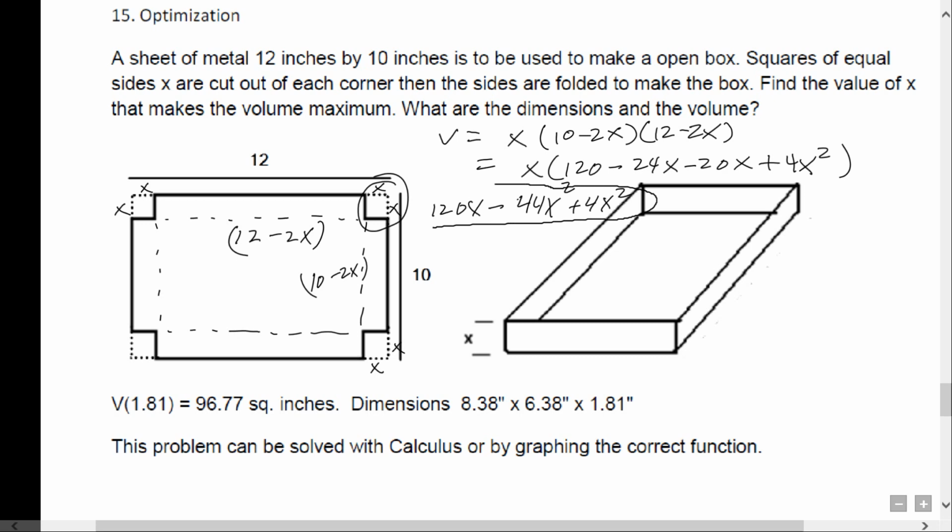Now, to find the value of x that maximizes the volume, we take V prime is 120 minus 88x.